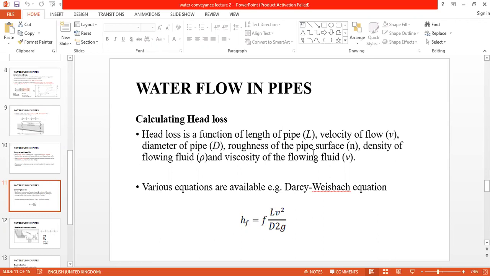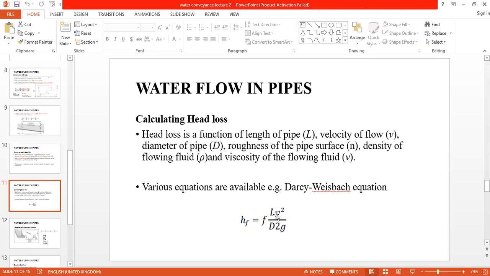When you go to stores to buy a pipe, they'll give you this value because it depends on how rough the pipe is. Then this is the length of the pipe. So now you start to design yourself. If you have a longer pipe, you know that it will increase the friction.